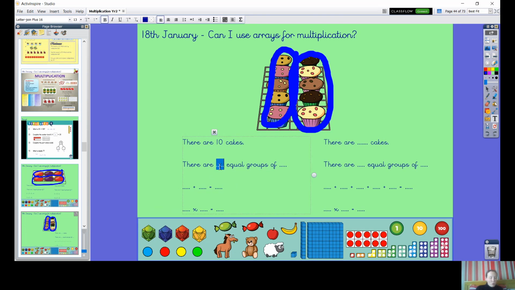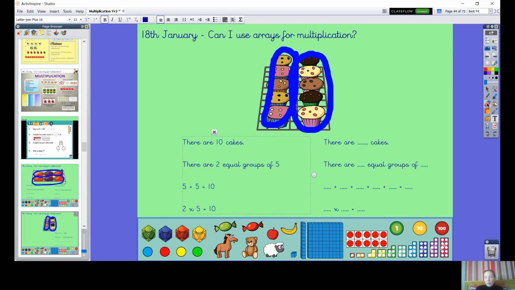So I've got 2 equal groups of 5. So we can say that is 5 add 5. That gives us our 10. So then we can turn that into multiplication. So we've got our 2 equal groups of 5, which gives us 10.